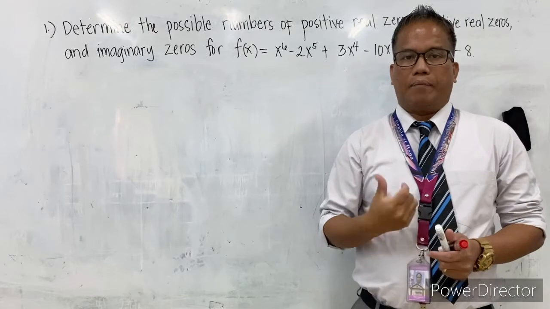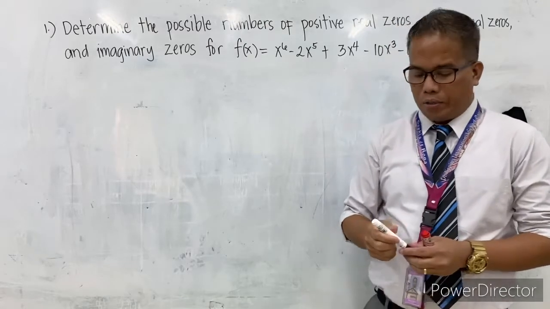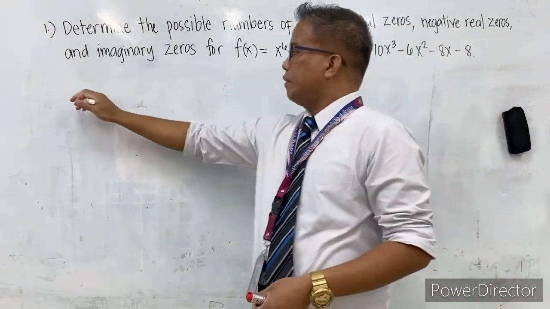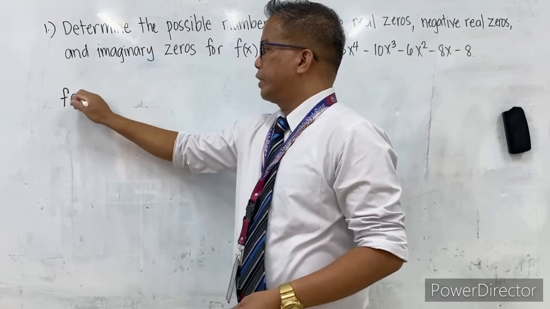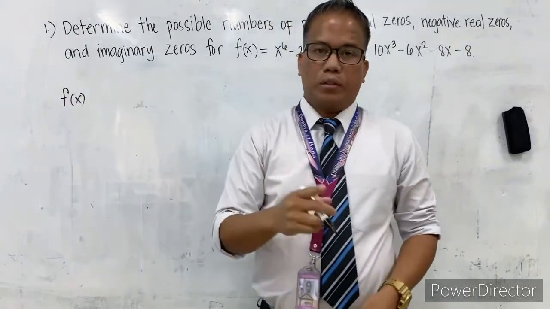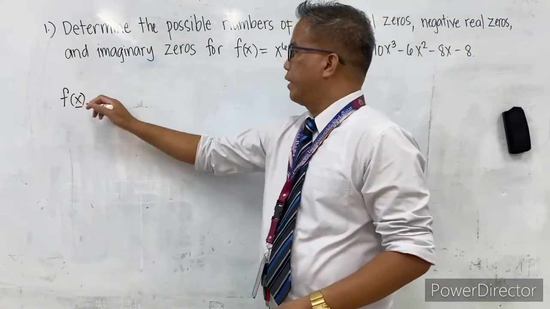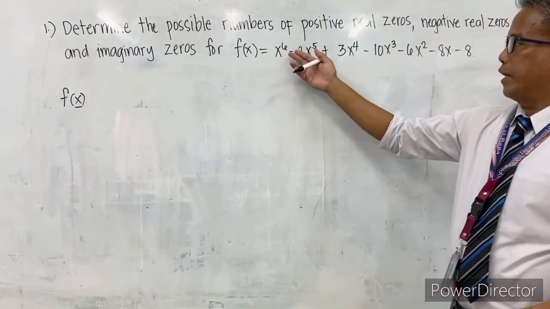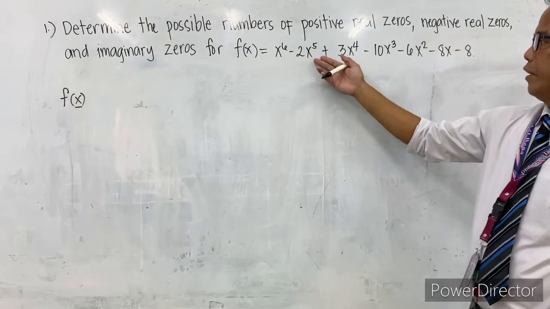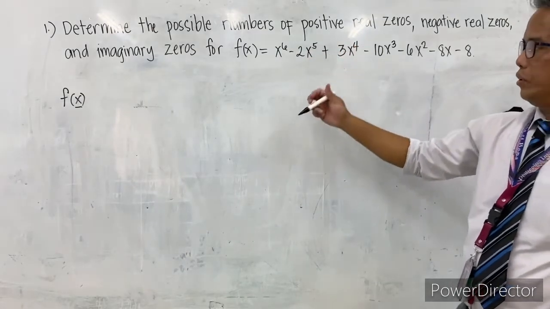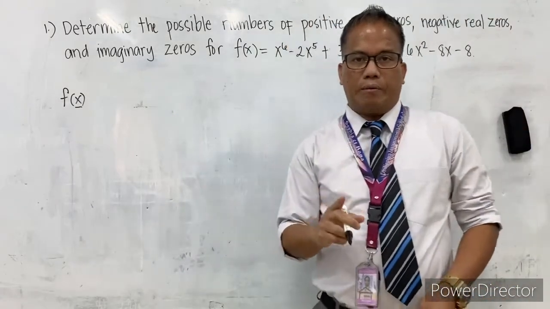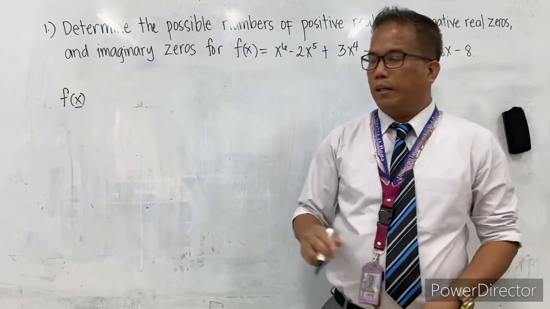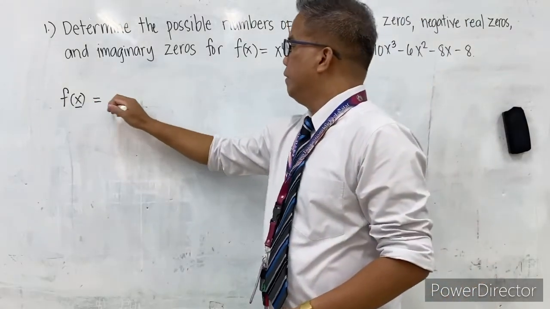So the first thing to do is check the positive real zeros by using this f of x. We are going to substitute the positive x into the x in the given polynomial. So we have x raised to 6, the second term we have negative 2x raised to the 5th. If we substitute the positive x, it's still the same.